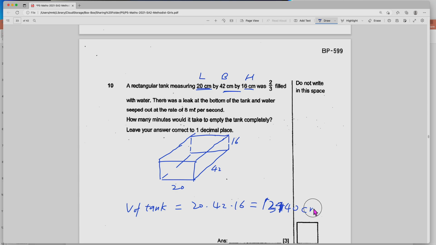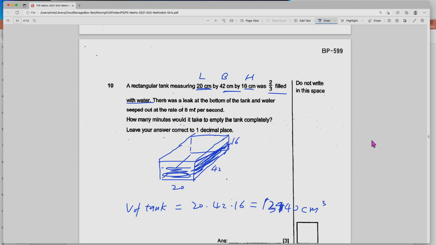Yes. So it's cm cube. And then it says only 2/3 filled with water. So the water level is here. So it's not full.